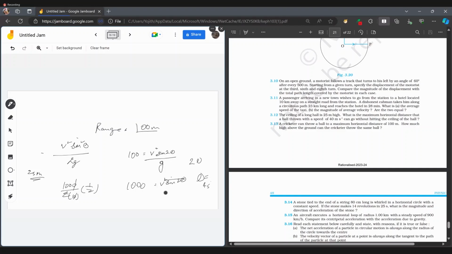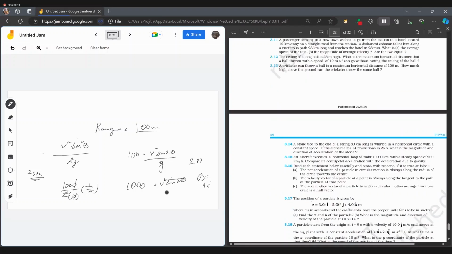Okay, which is 88 by 25 radian per second. ఇంకా వచ్చి centripetal acceleration. Okay, centripetal acceleration will be omega square r, which is equal to 88 by 25 whole square into 0.8. Okay, this is equal to 9.91 meters per second square. Hence, this is our answer.